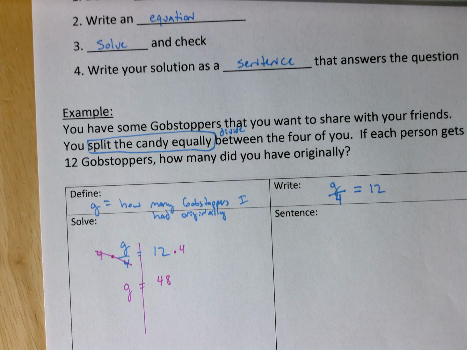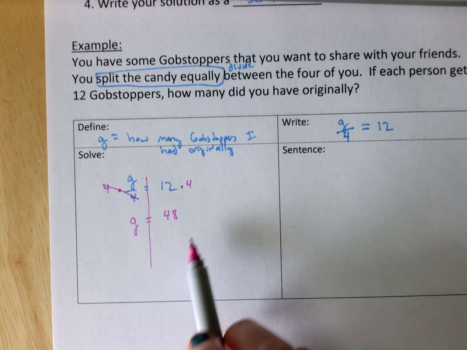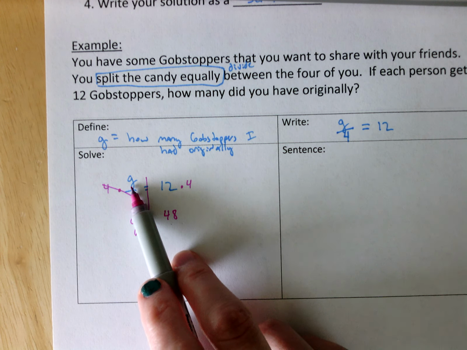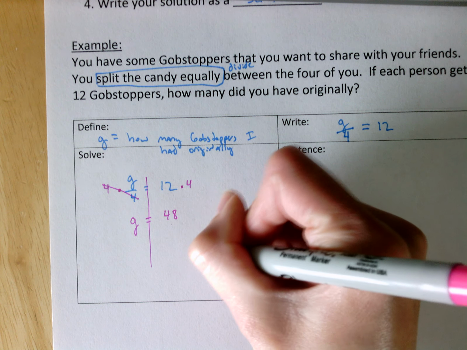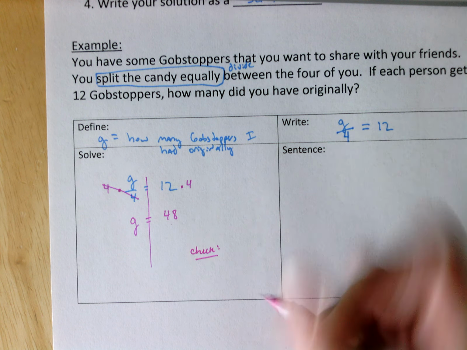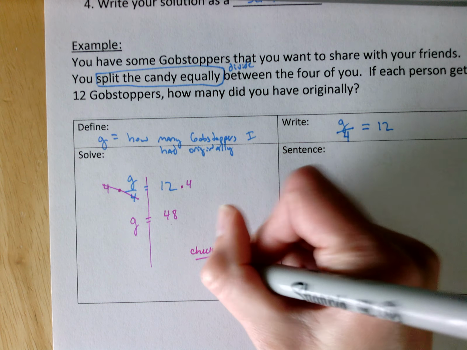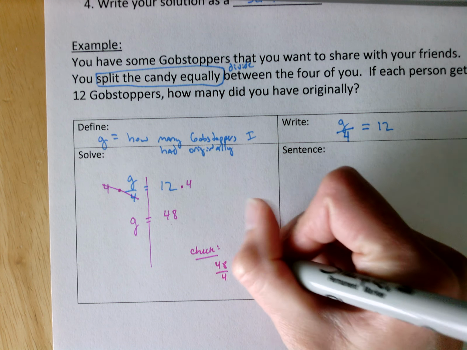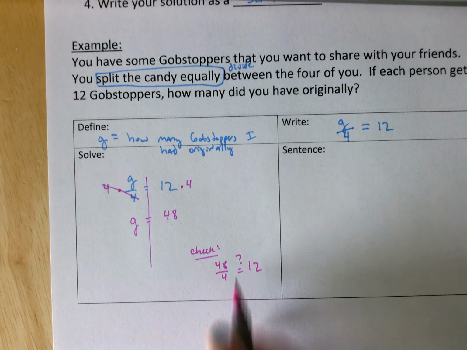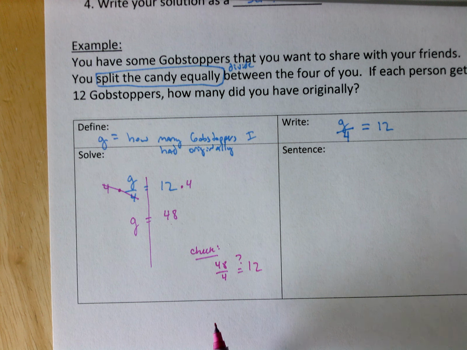Now we just want to double check that that answer makes sense. If I take that 48 and plug it back in for G, I would get 48 divided by 4, and we want to know, does that equal 12? Is 48 divided by 4 equal to 12? Yes. So I know I got the answer right.